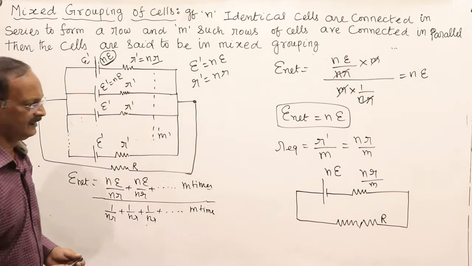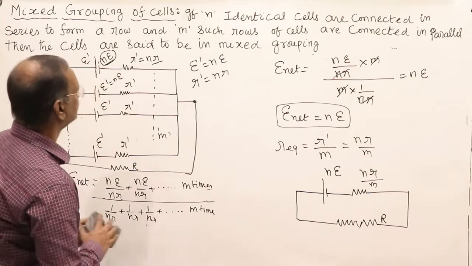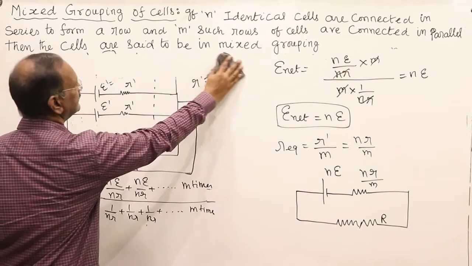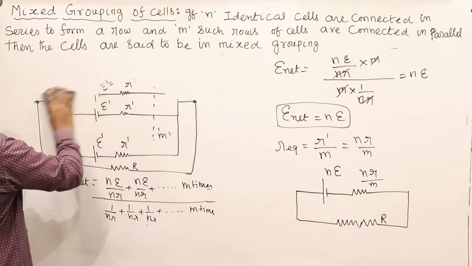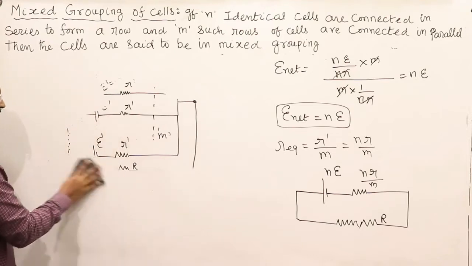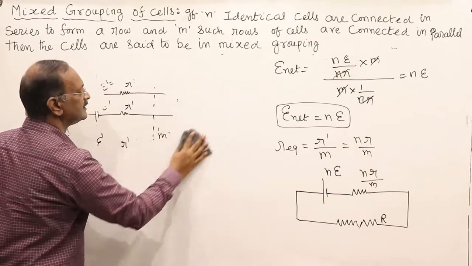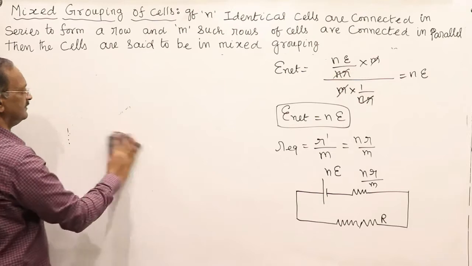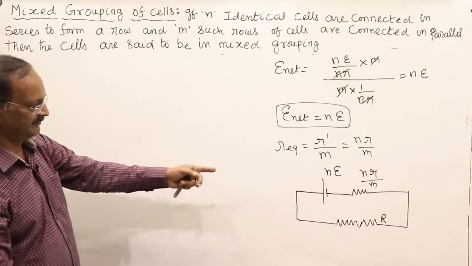So we got this, and we have converted the circuit this way. This is how we have calculated the entire mixed combination and converted it into a single simplified circuit.